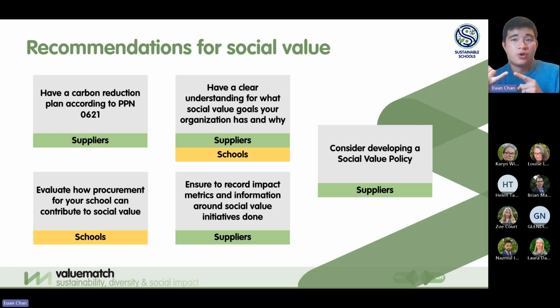It outlines not only your approach, but also your methodology for how to achieve that carbon reduction. Doing this can really set you up for greater success in bidding for tenders in the public space. And as the DfE begins to support schools with sustainable procurement and procuring from suppliers committed to net zero and that have plans, having a CRP from a supplier perspective will really help you get in on the first floor, so to speak.